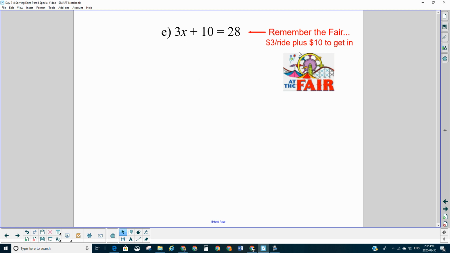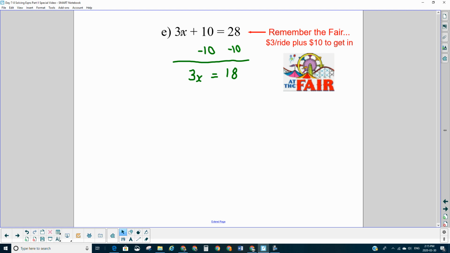If you recall from when we did this before, we have to sort of ignore the 10, take that out of the situation by subtracting 10 from both sides, and leaving us then with 3x equals 18. We know that $10 must have been spent to get in. That means we spent $18 on rides.